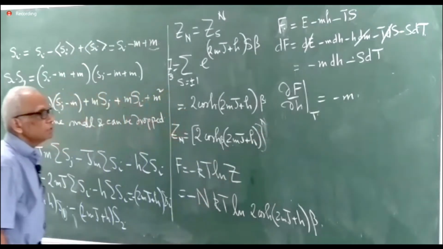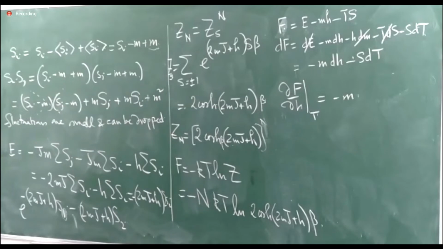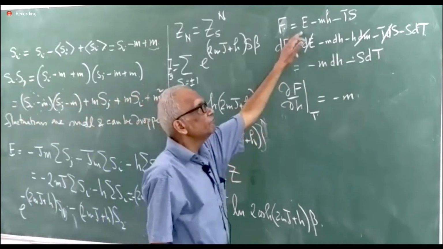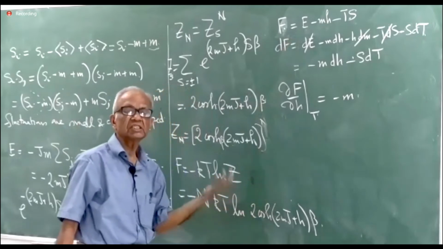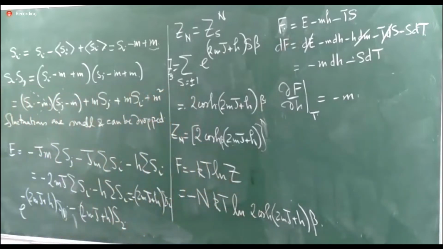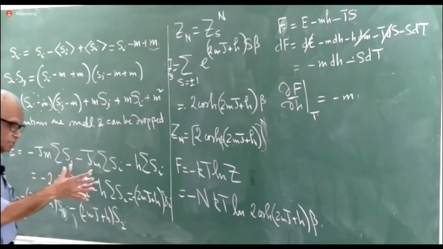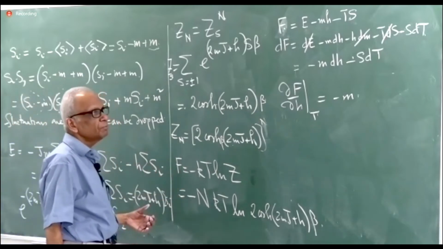So the free energy F is E minus TS. Generally, when you write down E minus TS, that is in the absence of any magnetic field or anything. The E is just the internal energy coming from the thermal, random motion of the particles.